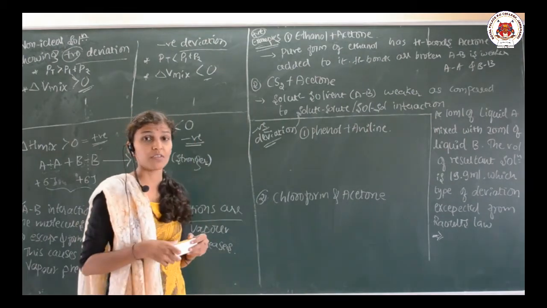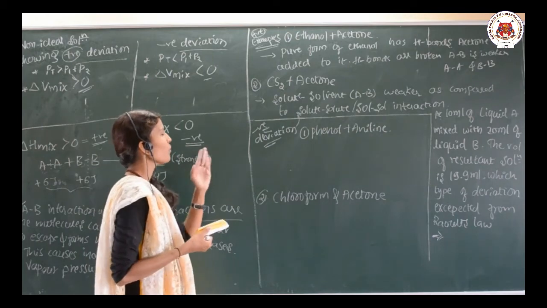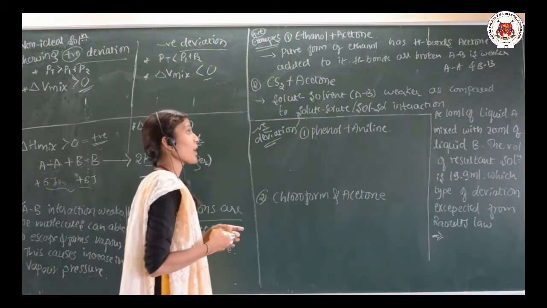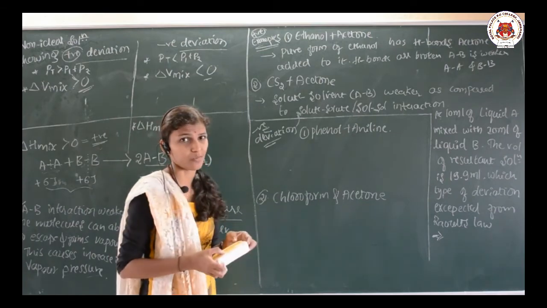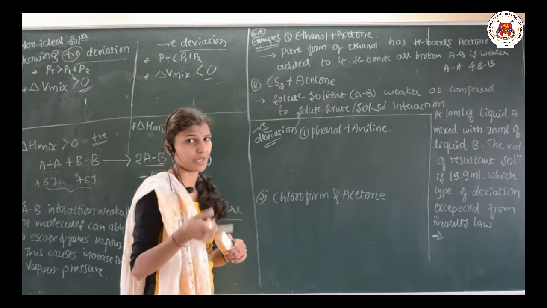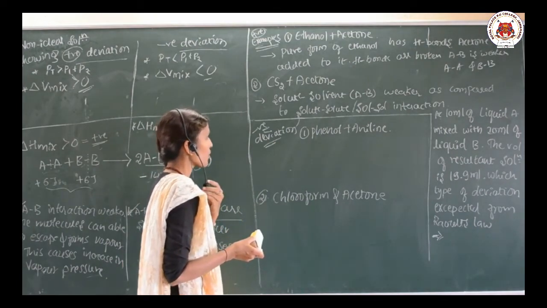If the AB interactions are weaker, that gives a positive deviation, and in case of positive deviation there is breaking of bonds. In the first one we know that the H bonds are broken. Let me tell you a few more examples for the negative deviation.